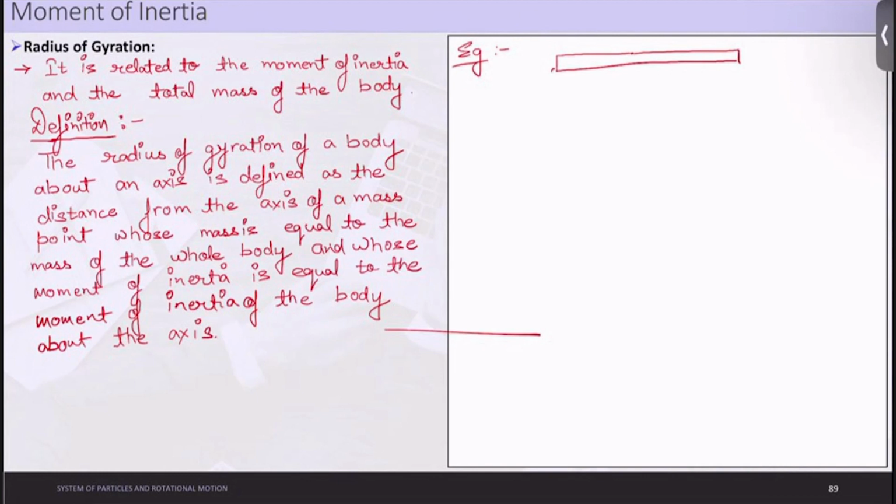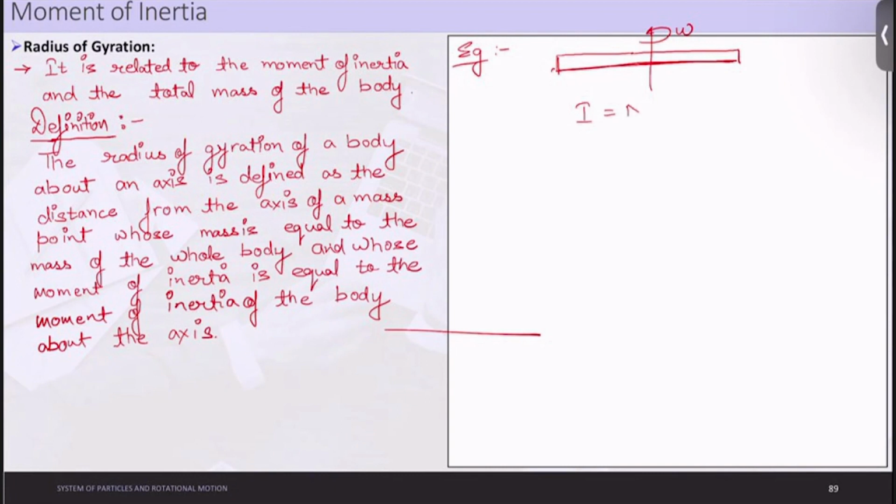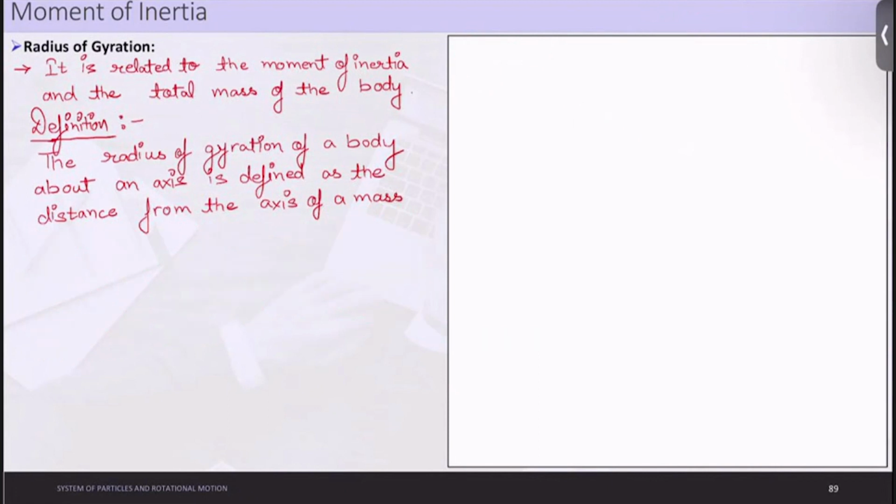Let us assume this to be your rod, which is moving with some omega. Here, what is your moment of inertia? We know moment of inertia is equal to mL²/12, where L is the length of the whole body. So the definition of radius of gyration simply states that we write this as mk², where k is the radius of gyration. So what is the value of k?